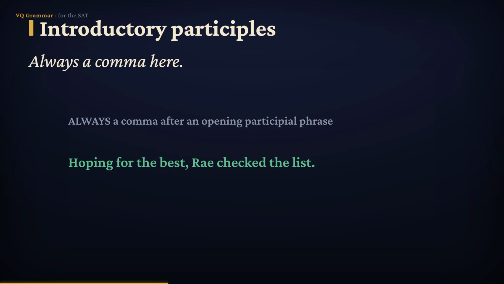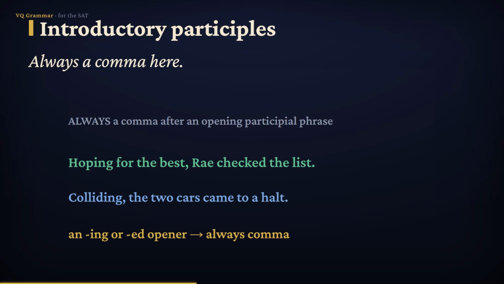The opener, hoping for the best, describes Ray, and it always takes a comma. Even a single participle counts. Colliding, the two cars came to a crunching halt. One word, colliding, still gets its comma. So with participial openers, there's no judgment call. The comma is always there.